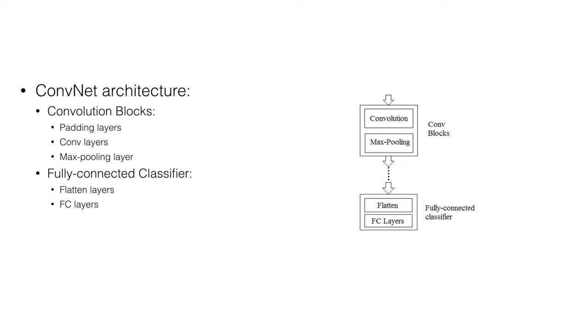After max pooling, we complete a single convolution block. Several convolution blocks are needed before we get the final input for the fully connected layer. And after the process of the fully connected layer, we get the classification output.